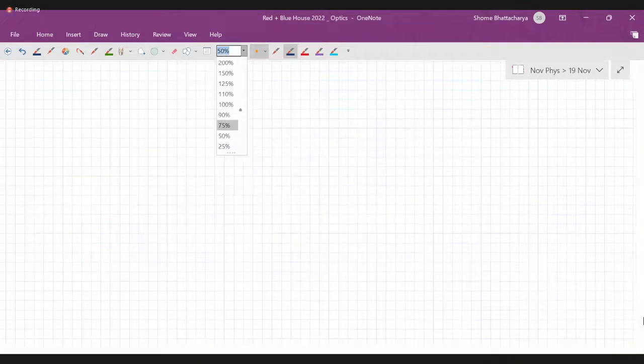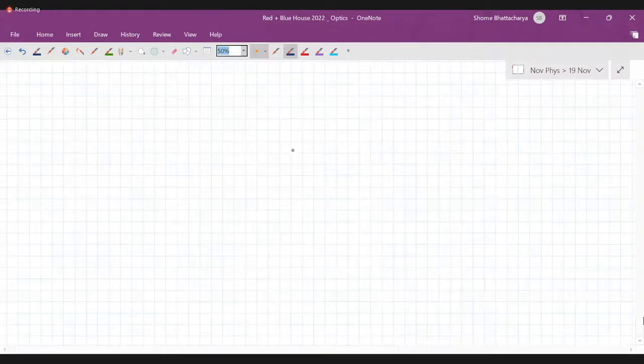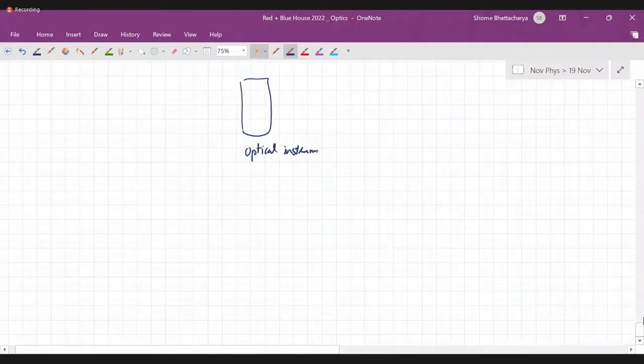Now if we use any optical instrument and through that we are seeing that small size object, we are able to perceive an image of that object.